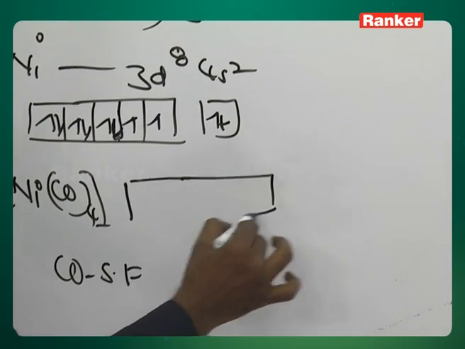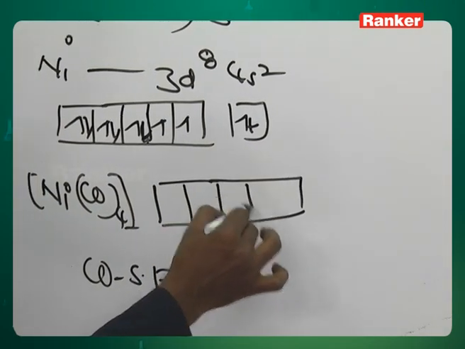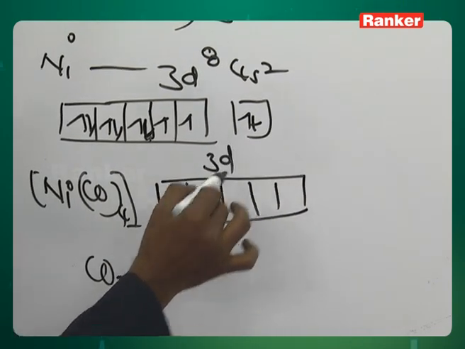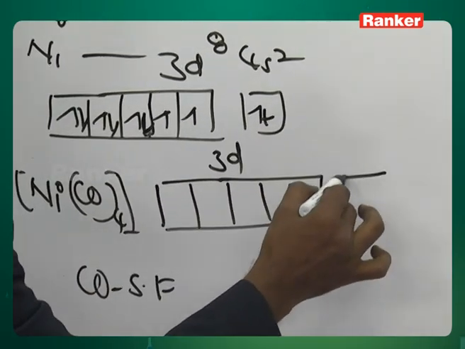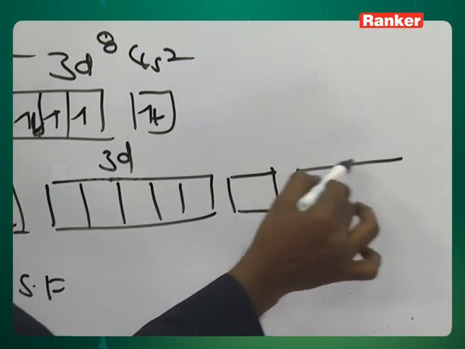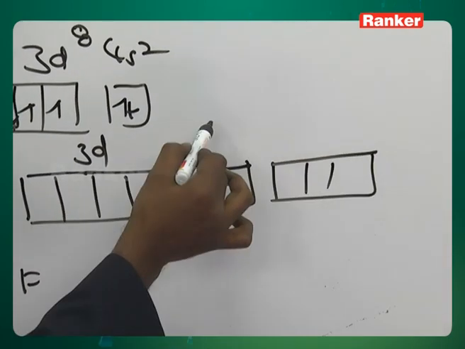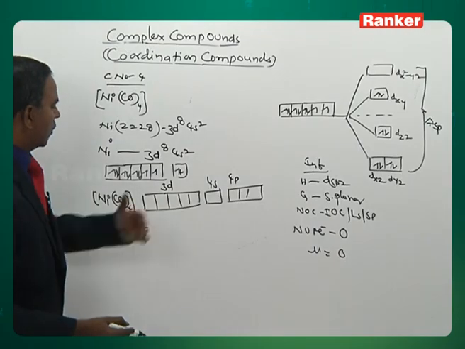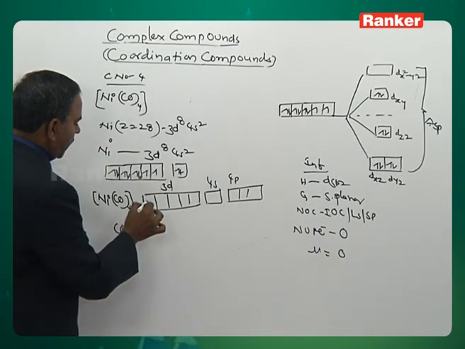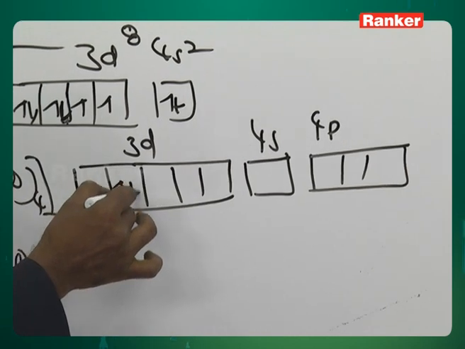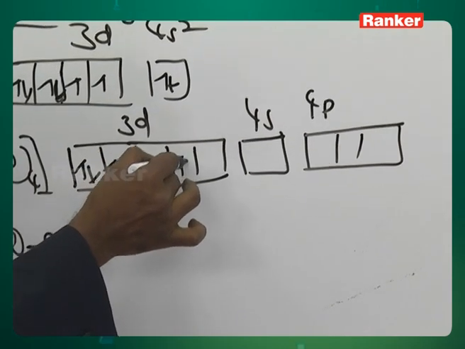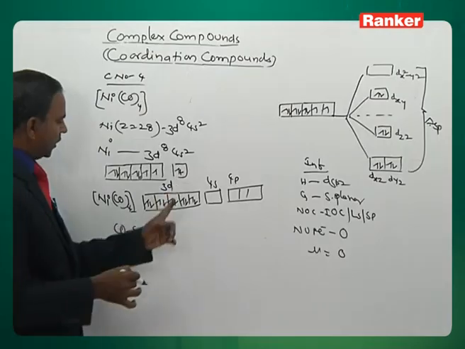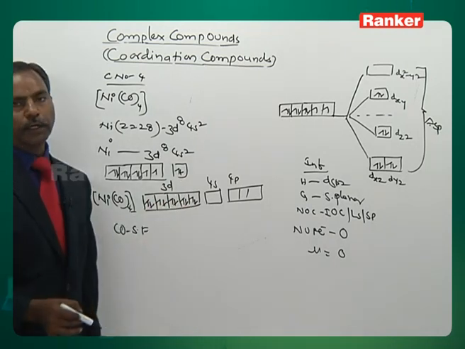This is important to remember in nickel tetracarbonyl: 3d, and again 4s and 4p. The 4s orbital and 4p orbital, right? Now the electrons from s are shifted to d: 1, 2, 3, 4, 5, 6, 7, 8, 9, 10. The s electrons shifted to d.